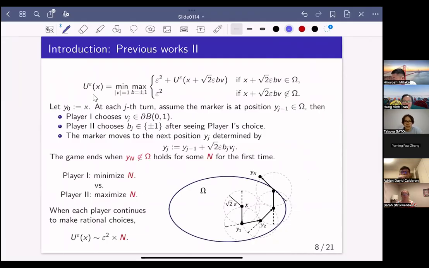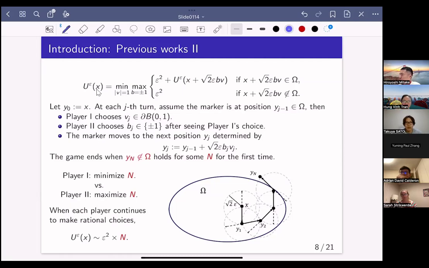Here we can interpret the value of this u^epsilon by using a simple discrete time game. I would like to explain this game.